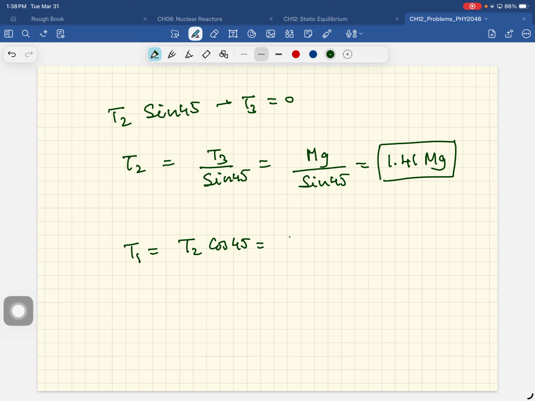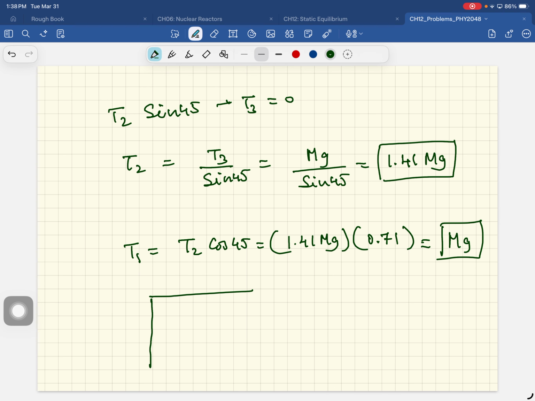So mg cancels. Minus 1.2 minus 0.4 x plus 0.6 x equal to 0. So 0.2 x equal to 1.2.